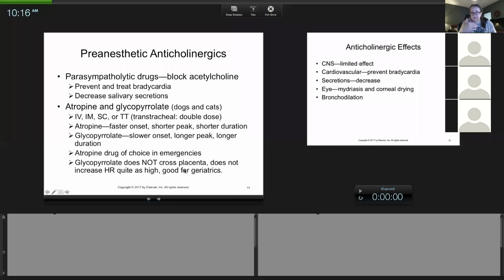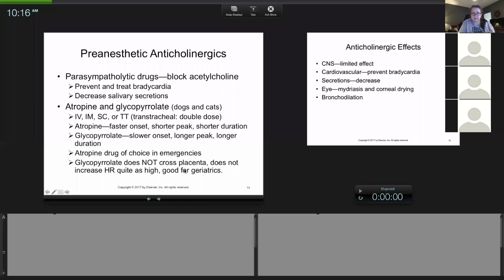So basically, every time we have an emergency, you want to have atropine. I don't think I've ever been at a practice where we've not had atropine. Now, glycopyrrolate, I will tell you, not every practice carries glycopyrrolate because, again, it is expensive. And recently I had heard clinics couldn't get it.